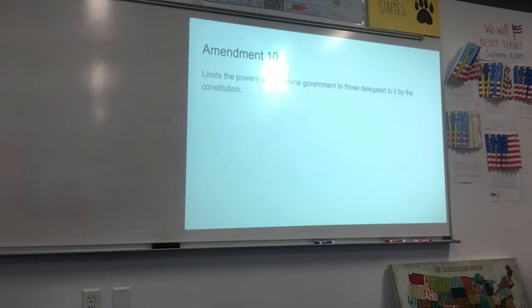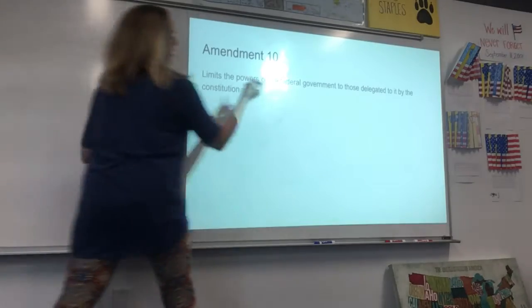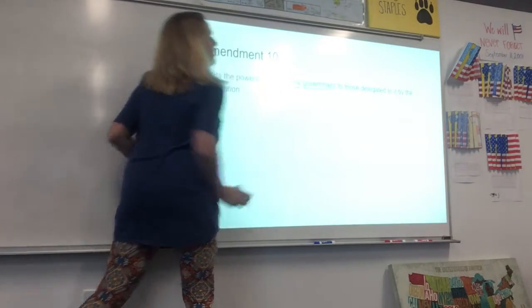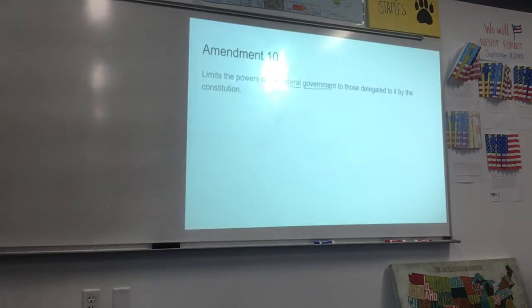Limits the powers of the federal government to those delegated by the Constitution. So the rights that the government has, like the right to coin money, that's specifically stated in the Constitution. So that's a right given to Congress, federally, not state, not county. Okay? All right, so that is your Bill of Rights.